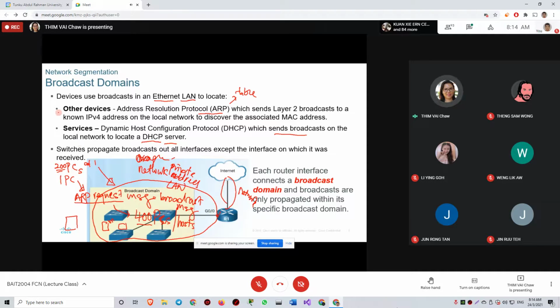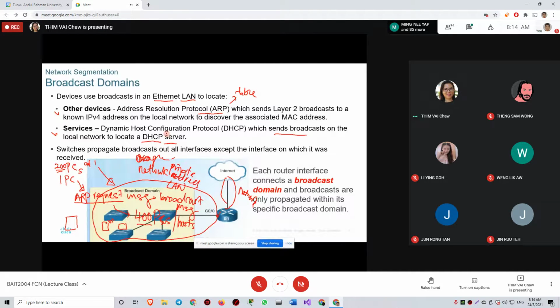So this is an issue that happens when you have a large amount of broadcast messages, and sending broadcast messages is not secure, because you are sending to everybody. So in terms of performance and security, you need to subnet your network.